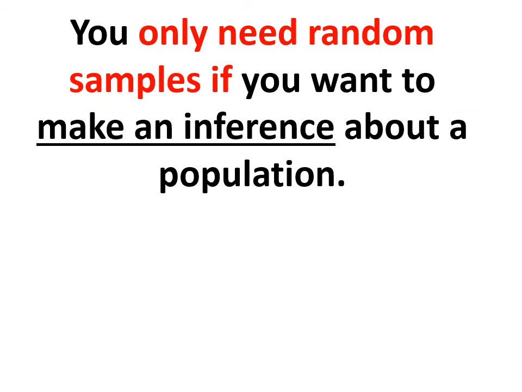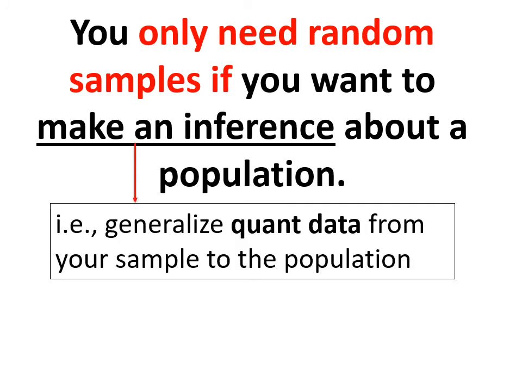The point about all of this that I want you to really take home is that you only need random samples if you want to make an inference about a population. In other words, if you want to generalize from quantitative data from your sample to the population, then you need a random sample.